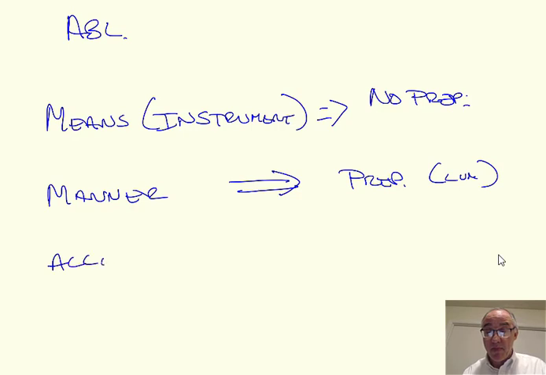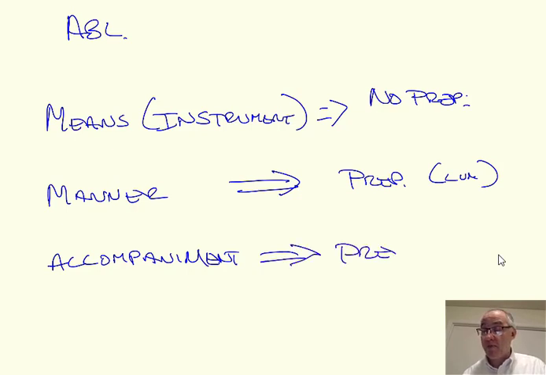Accompaniment: preposition. That way, if you get stumped, and we're going to get a lot more ablatives, you just have to remember to do your list. Wait a minute, okay, narrow this down. No preposition, I'm locked into means or instrument. Preposition, I have two choices, manner or accompaniment.